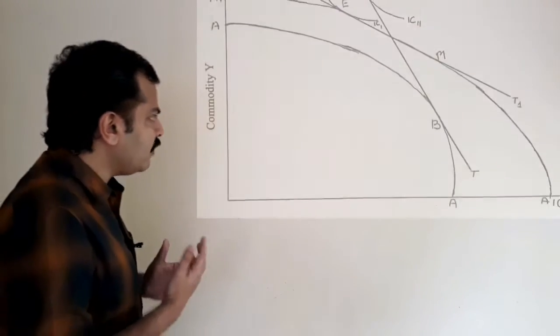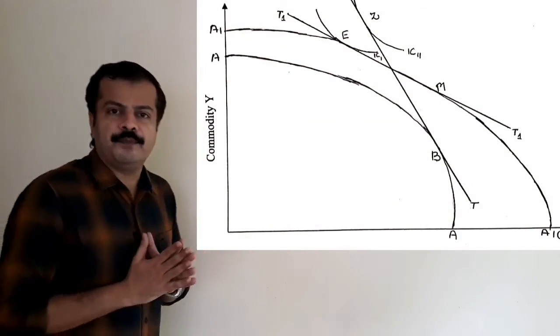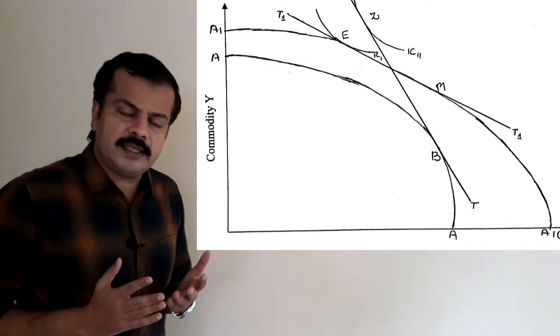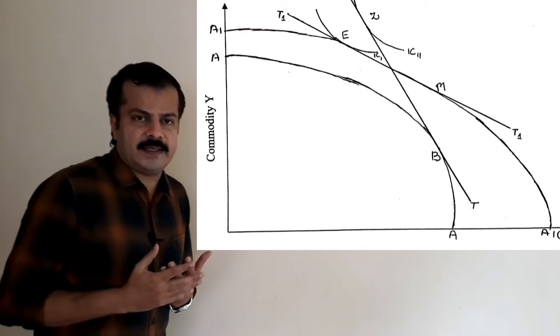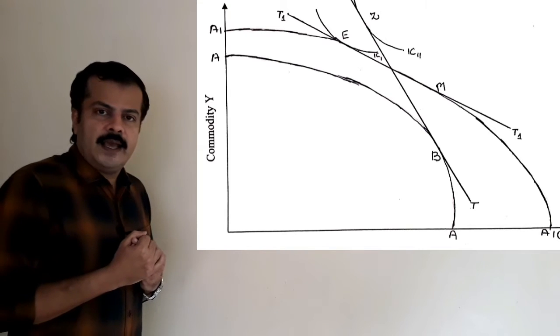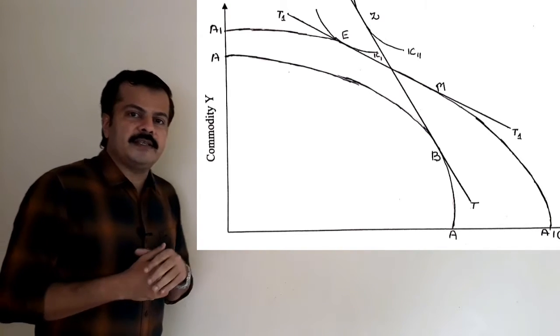Now we can identify how immiserising growth takes place by using a diagram. See, we have a situation of country 1, which specializes in the production of commodity X, and this country experiences economic growth.